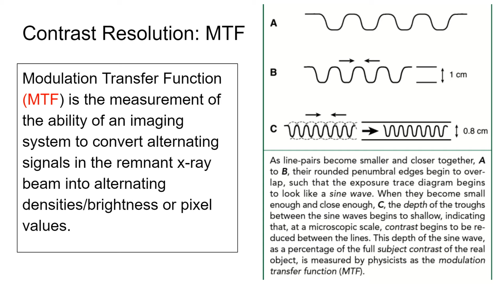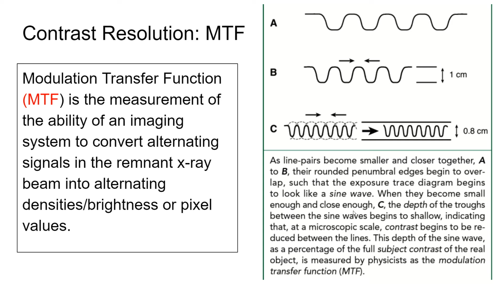So if you take a look here, as the lines become smaller and closer together, so we're looking at the wavelength, this has become closer together from A to B. What's known as their rounded penumbral edges begin to overlap. So we're seeing that at C here, right? And this whole thing starts to look like a sine wave, which really A, B, and C all look like sine waves to me. So they become smaller and close enough.